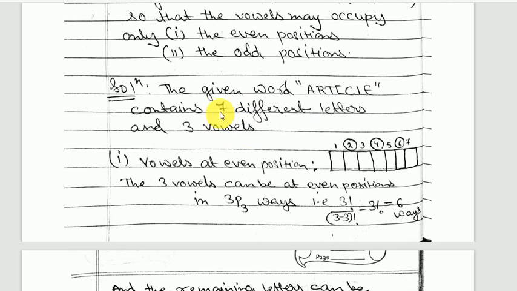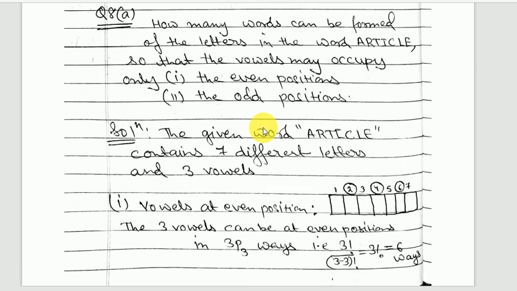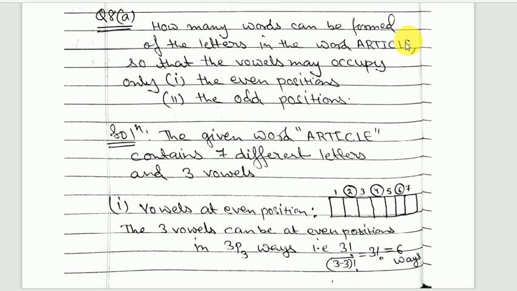Now the question is, if you do the arrangement of these letters of this word ARTICLE, how many words or arrangements you can get where the vowels are at even positions, and number two, how many arrangements you can get where vowels are at odd positions.